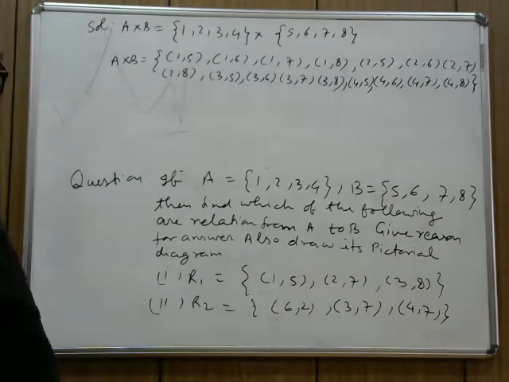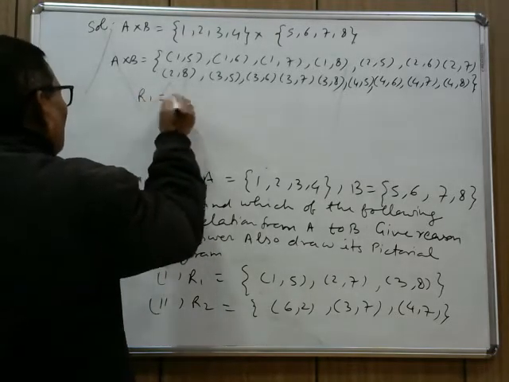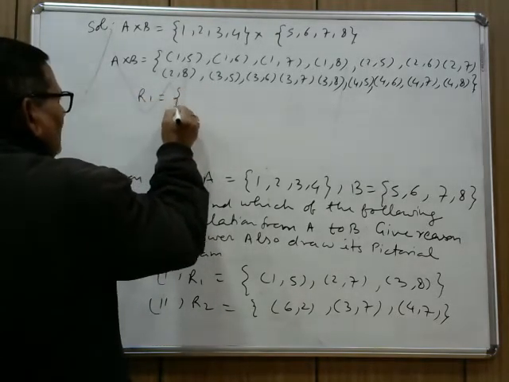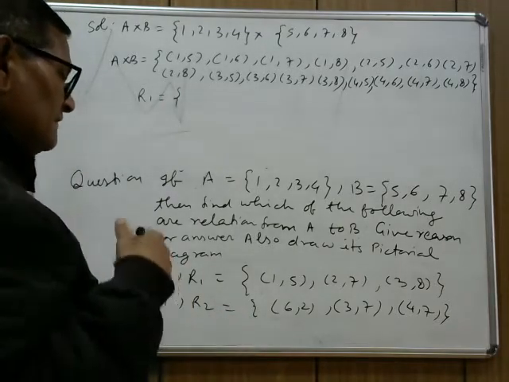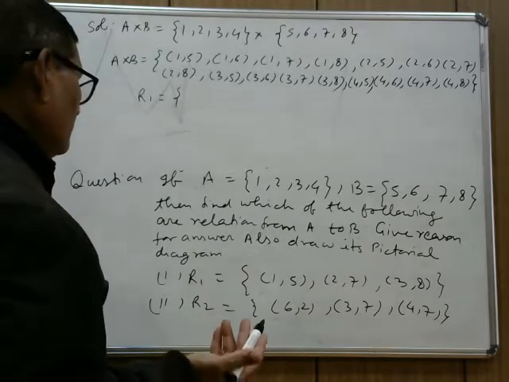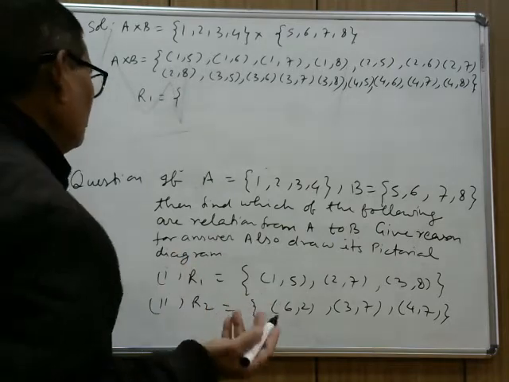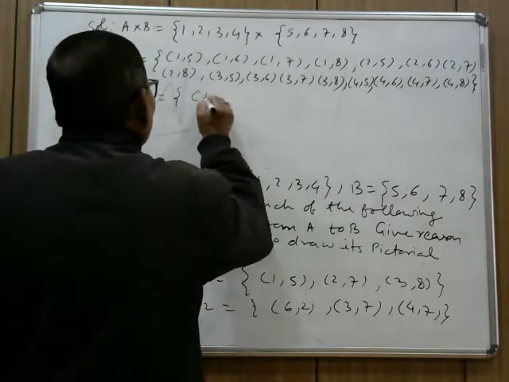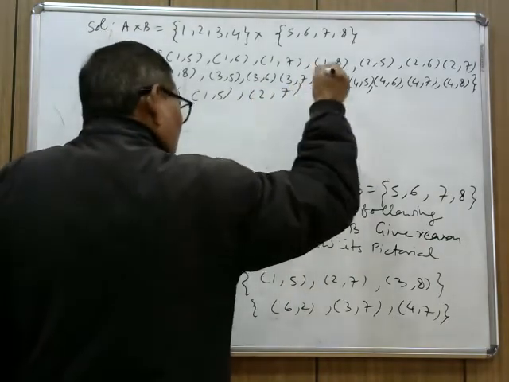You may count that. Now you see your R1. We are going to check whether this R1 is a relation from A to B or not. So I am doing that for R1. R1 is equal to {(1,5), (2,7), (3,8)}.